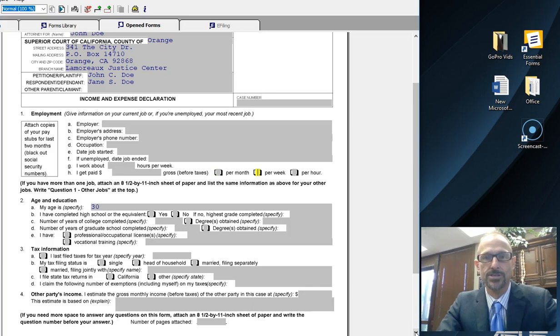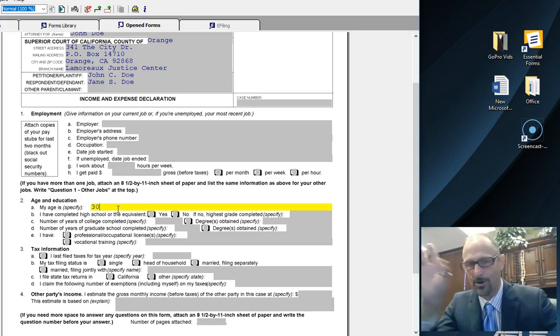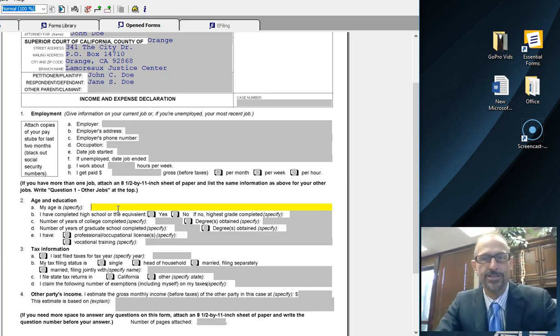All right, folks. Now we're moving on to my age is, and it has 30 in here just because I have 30 in the initial software, and it automatically populated this space with 30. So don't worry about that. Put in your proper age, whatever your age is. B, I have completed high school or the equivalent.